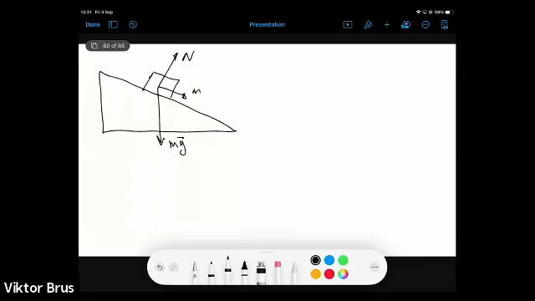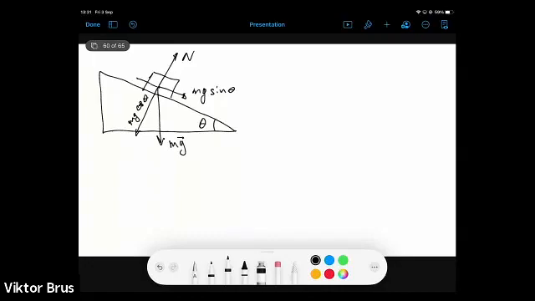Here it will be angle theta, and the component along the plane will be mg times sinus theta. This is the component of mg in the perpendicular direction, which will define n, and this is mg times cosinus theta.